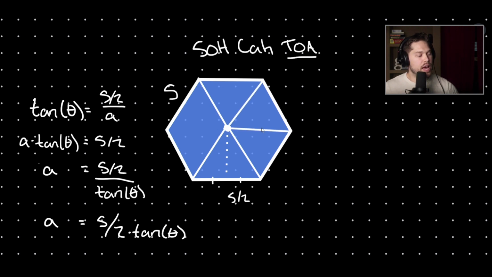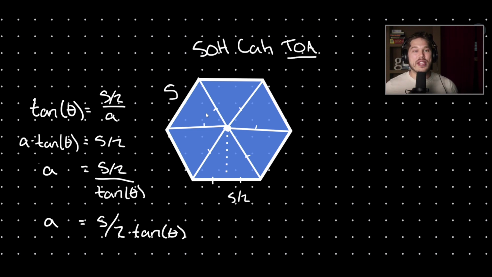So here we have 6 congruent isosceles triangles. Again, we know them to be congruent because if we're drawing identical lines from the center to each vertex, all of these lines will be congruent. So we have a bunch of isosceles triangles, and since it's a regular polygon, all of our side lengths are congruent. So by the side-side-side triangle congruence postulate, we know all of these triangles are congruent.